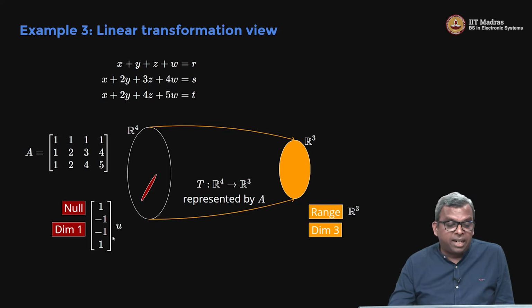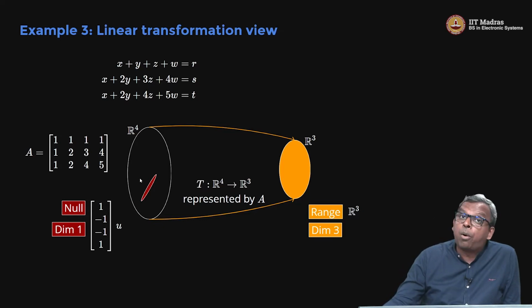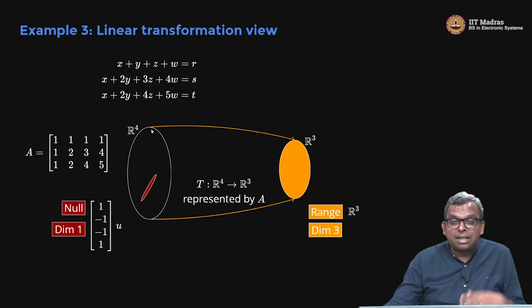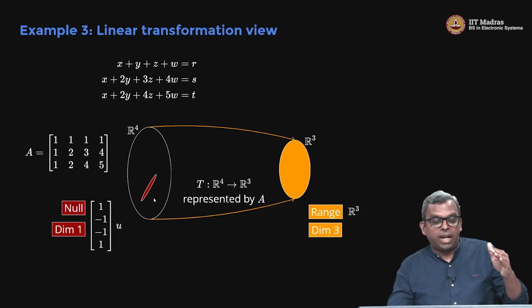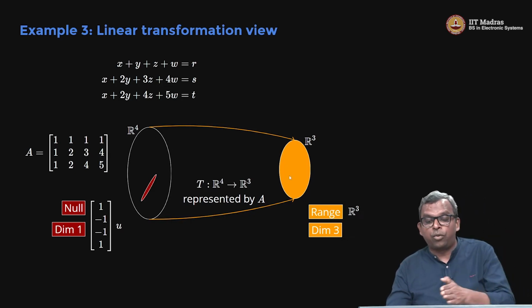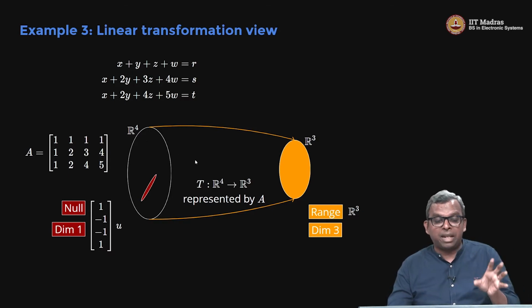Now notice, interestingly, the null space is not a single point in this particular case. Null is also a one-dimensional object, 1, -1, -1, 1 times u, and that is shown here. All the points in this null space go to 0, that we know. So there is a reduction in dimension. From a one-dimensional object, it's going off to 0.